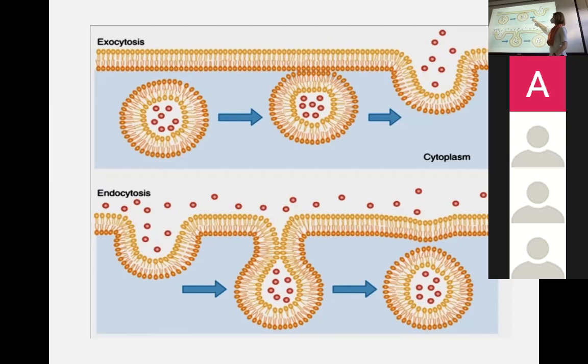So exocytosis is basically moving molecules out of the cell, but a lot of them. So the sodium potassium pump will move a few molecules at a time. Exo and endocytosis is bringing in a ton of molecules or kicking out relatively a ton of molecules. So that's why it's bulk transport. It's a lot of stuff moving into or out of the cell at one time.